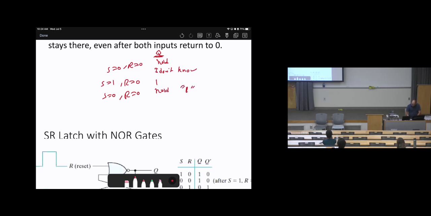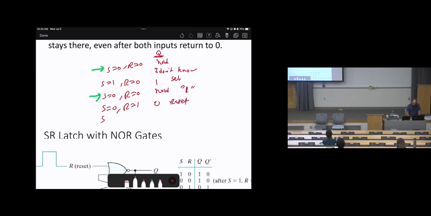So you will see the comparison between number 1 and number 3. In number 1, S equals 0, R equals 0, I don't know. In number 3, S equals 0, R equals 0, it holds 1. Let's assume another scenario. S equals 0, R equals 1, then it will store 0, right? That one we call set, and this one we call reset.